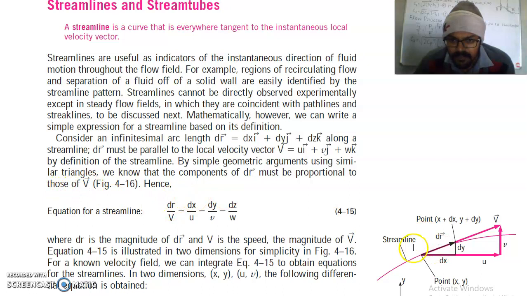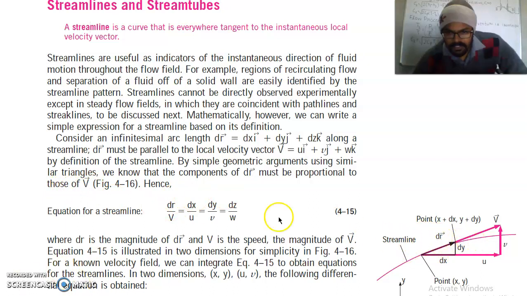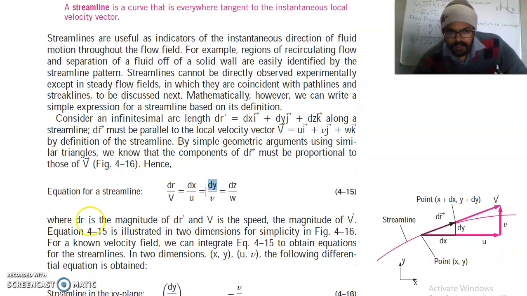Hence dr/V = dx/u = dy/v = dz/w, where dr is the magnitude of dr and V is the speed, the magnitude of V.